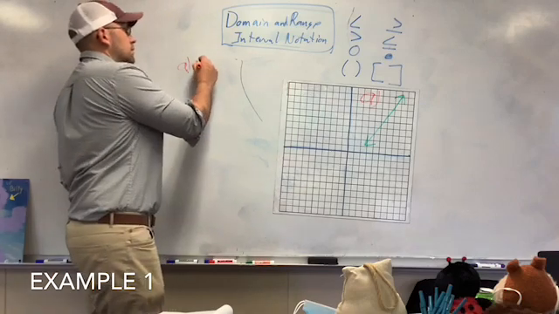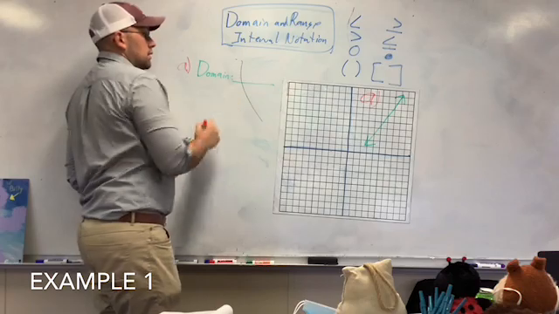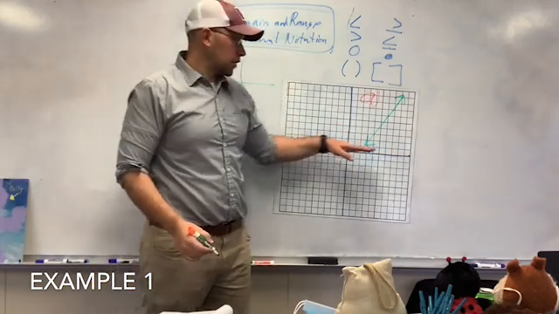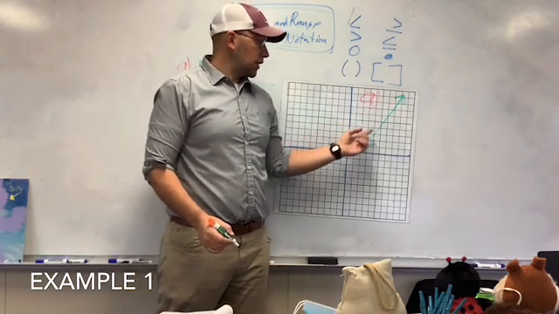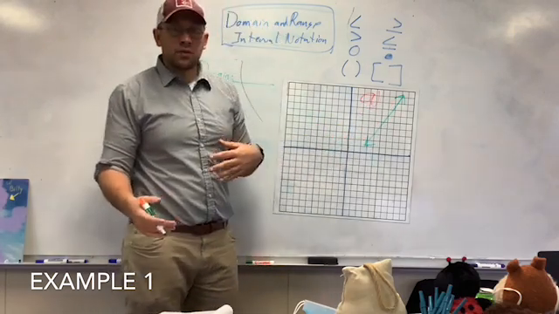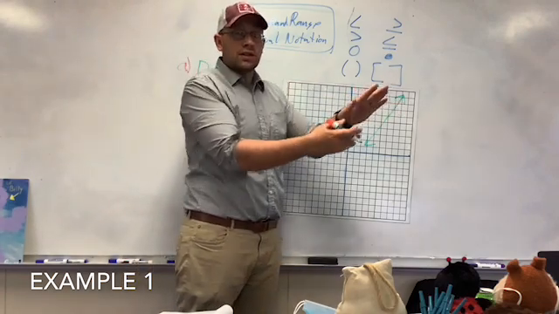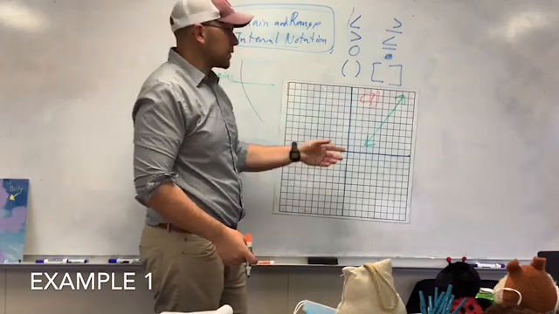So, the domain here is the x-axis. So your left and right, east and west. Now, since they have arrows at the very end of both of them, what that tells us is it's going on forever and ever in those directions. It doesn't stop. If there was an open or closed circle, that means it stops, of course.